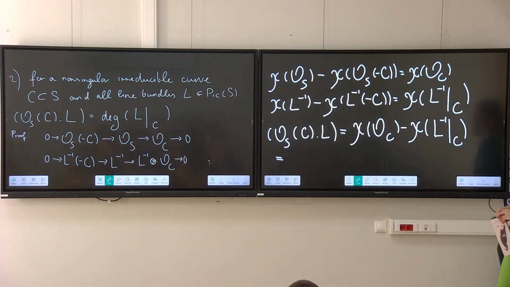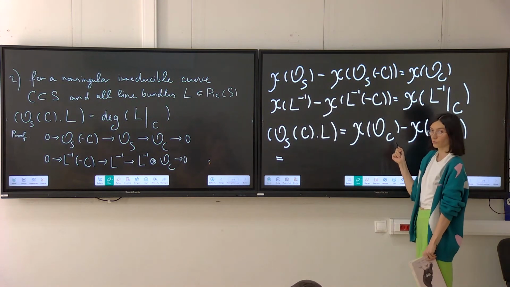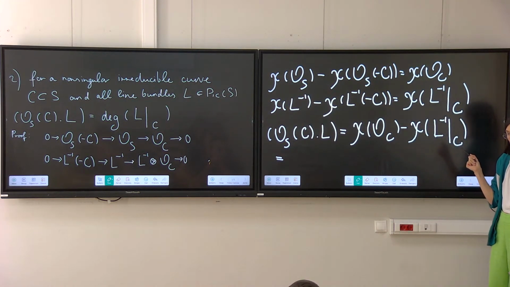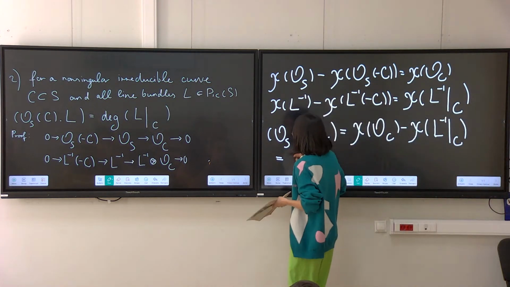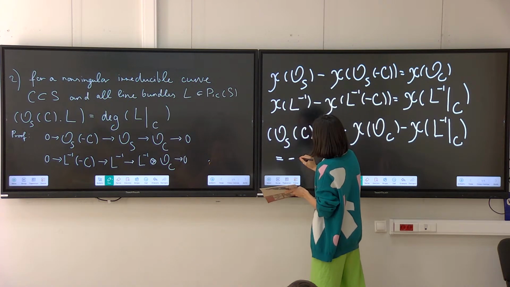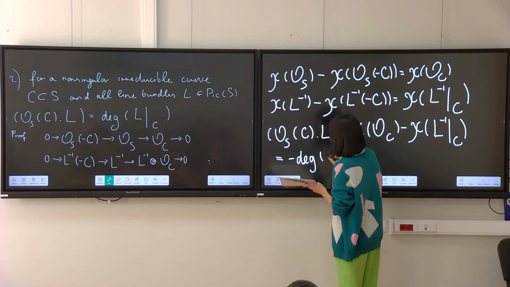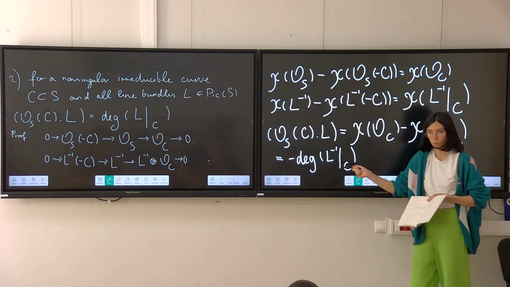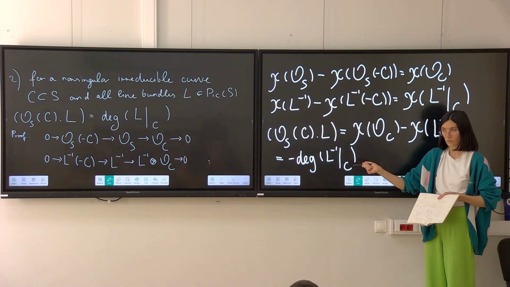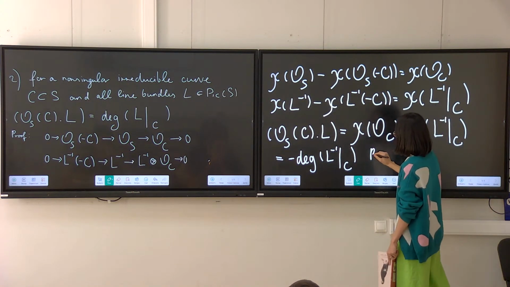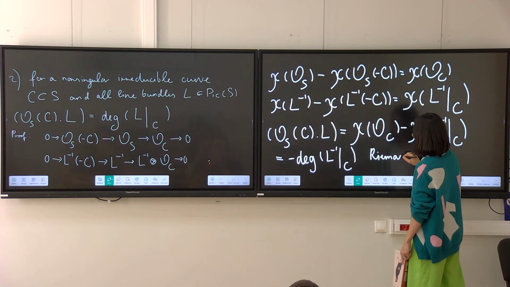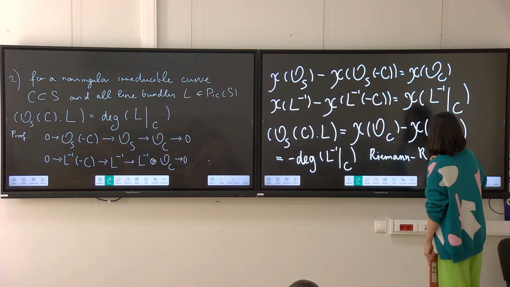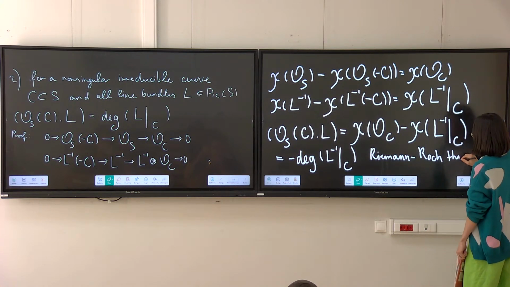Note that here we have a curve C. What is this? 1 minus the degrees. This is just minus the degree of L minus 1 restricted to C. Do you know why? Yes, this is just the Riemann-Roch theorem for curves.